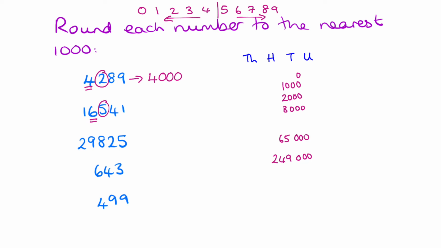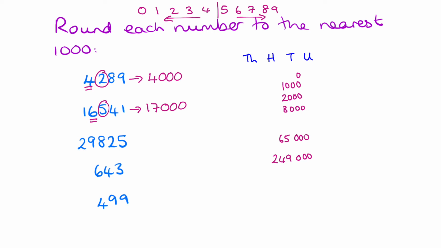So the 5 is in the second half, the upper part of these numbers. So 5's there, so we round up. So the 6 needs to be rounded up to a 7. So we get 17,000, because 16,541 is in between 16,000 and 17,000.